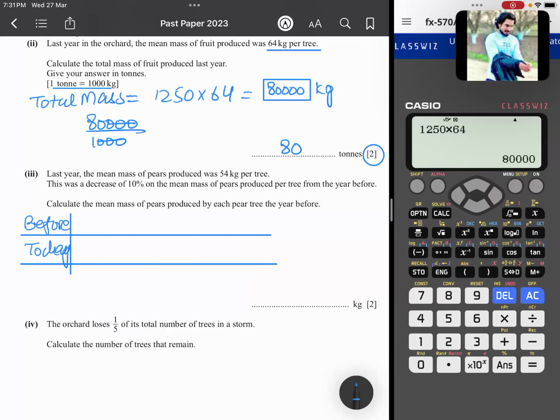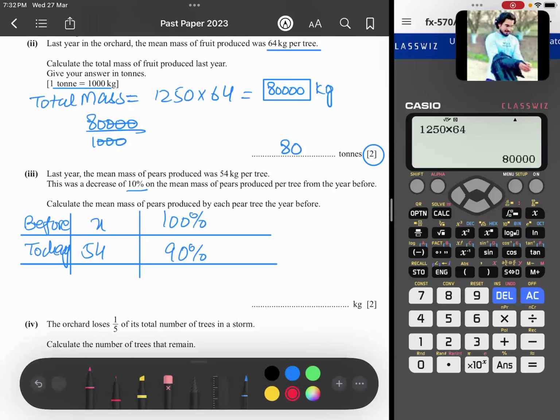So for example, if this is 54 kg, this is a decrease of 10%, so this would be 90%.